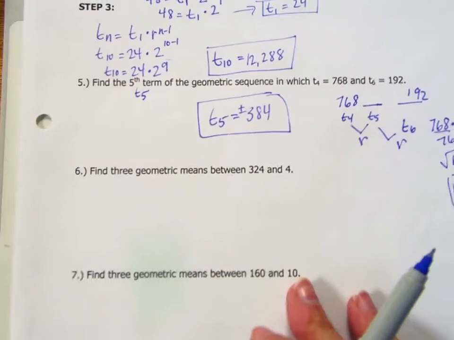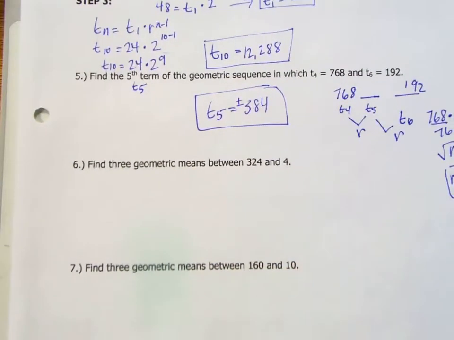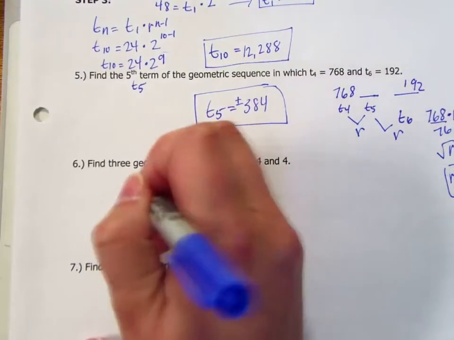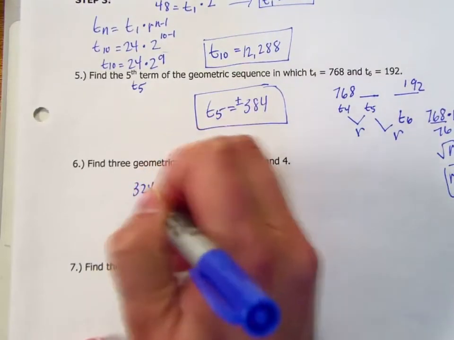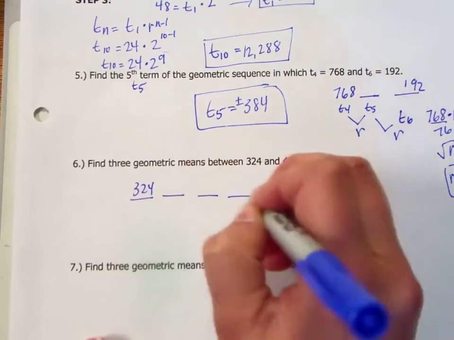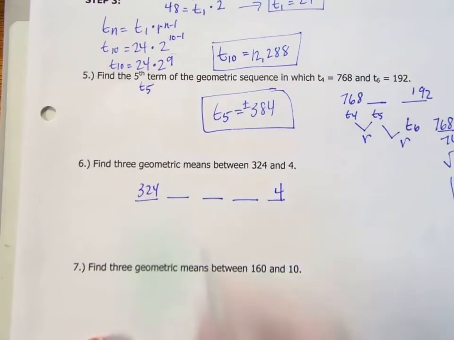All right, number 6. Find 3 geometric means between 324 and 4. We're going to set this up the exact same way we've done. So 324, we can act as the first one, and then I have 1, 2, 3 in the middle, then 4 is the last one.